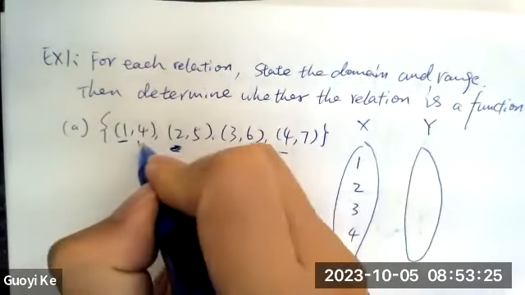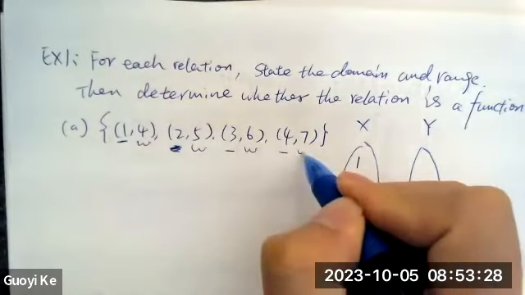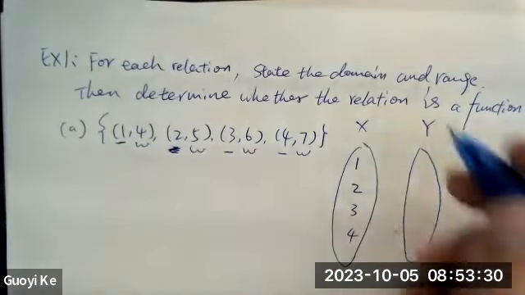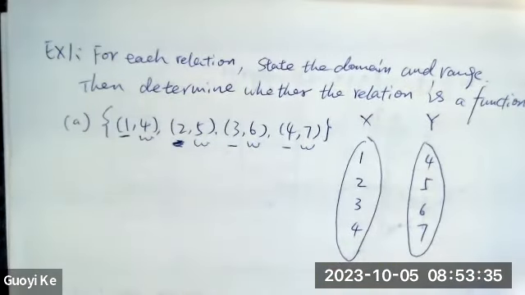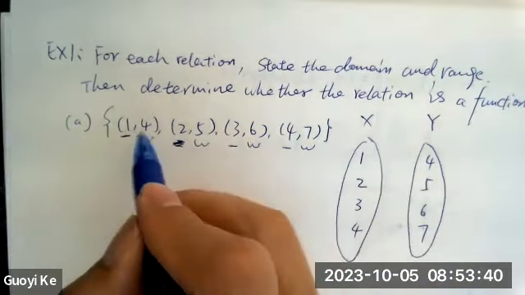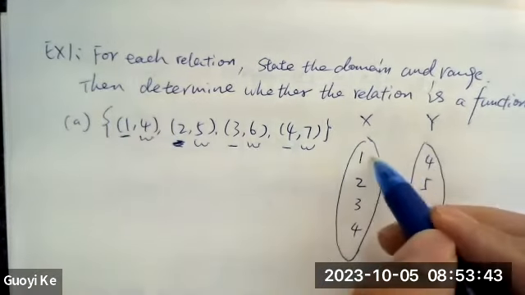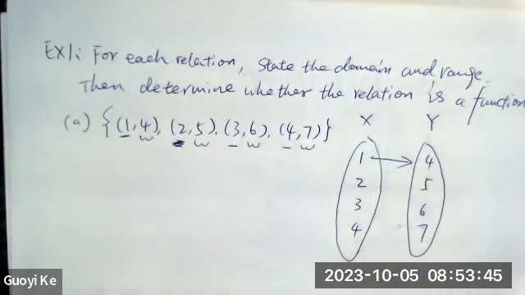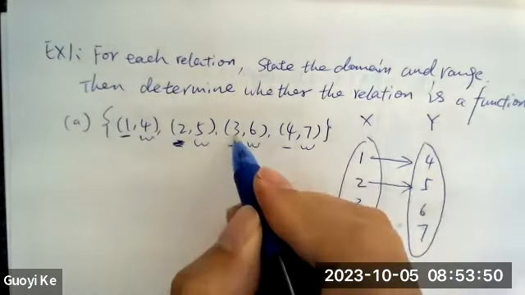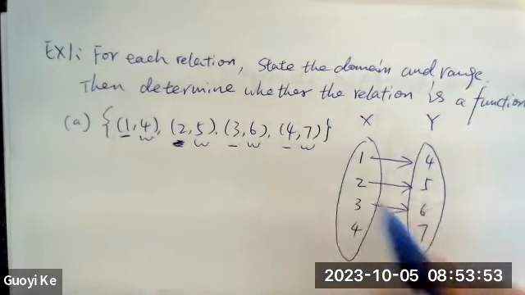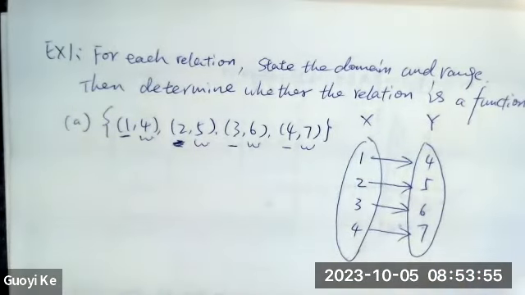Now we have y coordinates: 4, 5, 6, 7, right? As we can see, 1 to 4, 2 to 5, 3 to 6, 4 to 7, right? So you draw the graph and you can see more clearly.